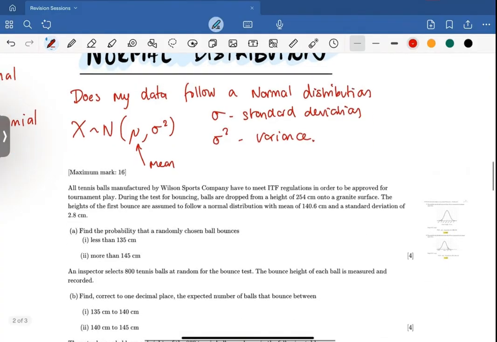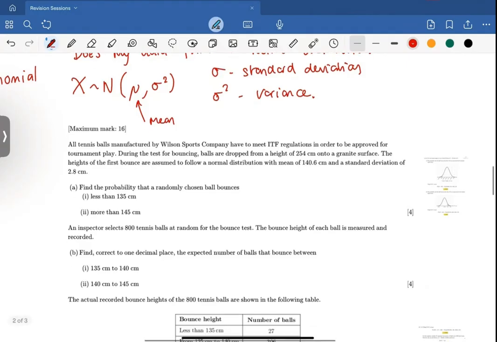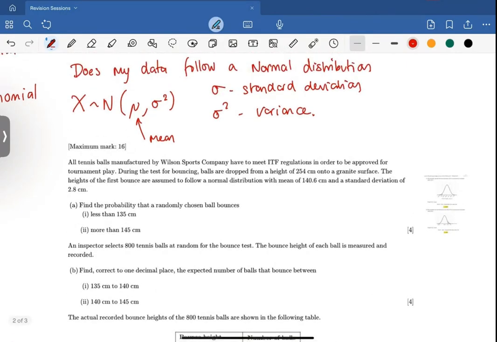Okay, so we're going to need, like we did before, some observed and expected. And this question often starts out with us calculating some things with the normal distribution. Right, so we have a tennis ball manufactured by Wilson Sports that has to meet regulations in order to be approved for tournament play. During the test, balls are dropped from a height of 254 centimeters on a granite surface.